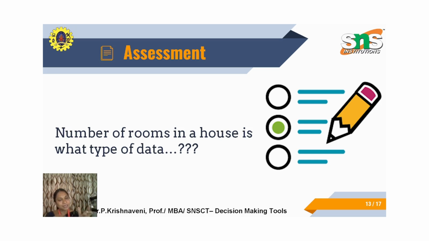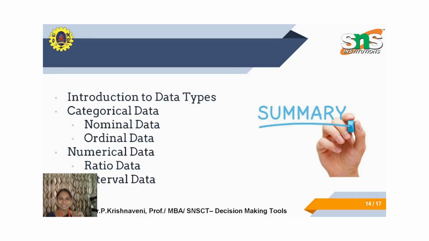Some of them may say 3, some 7, some 1, so the repetition will be from 1 to 5 or 1 to 6. Here we can count it, but the average number of rooms in houses will not give any meaningful information. So it's discrete data.